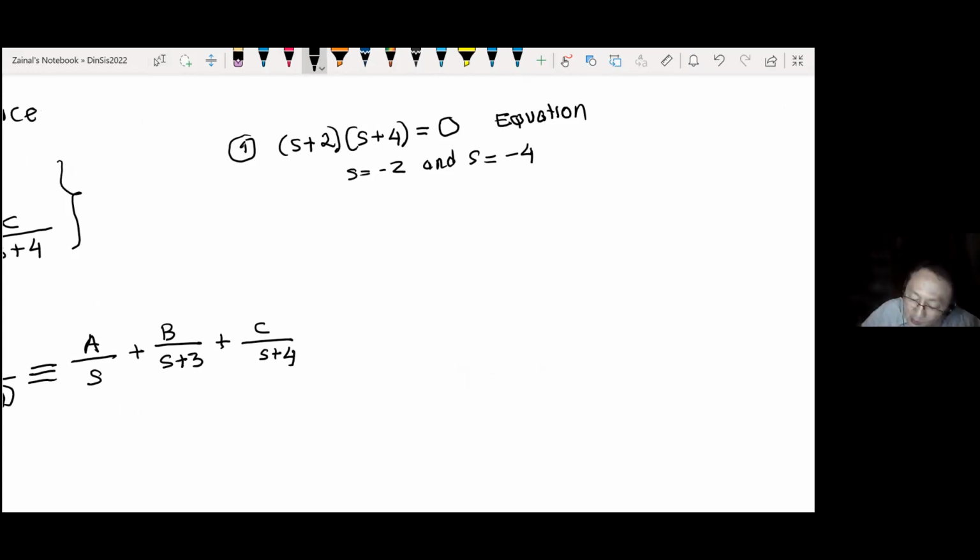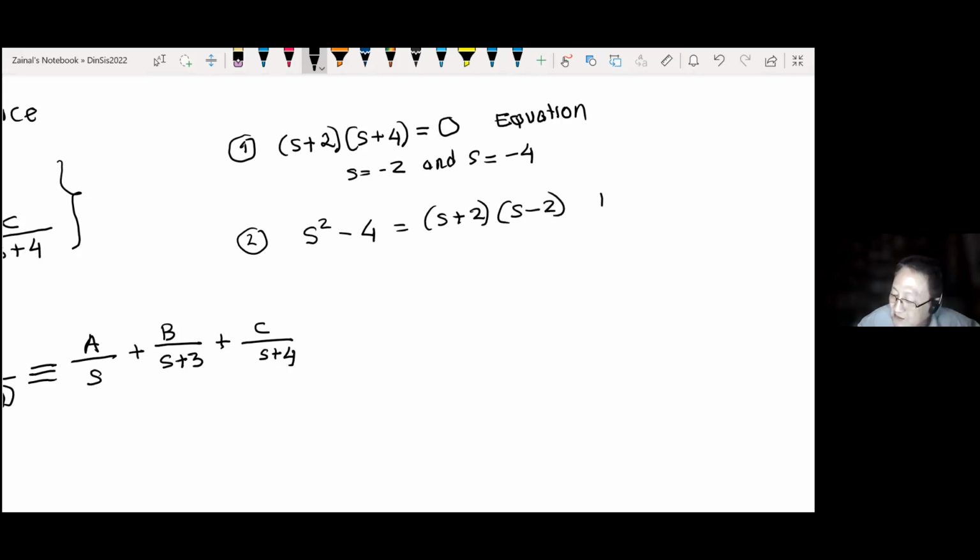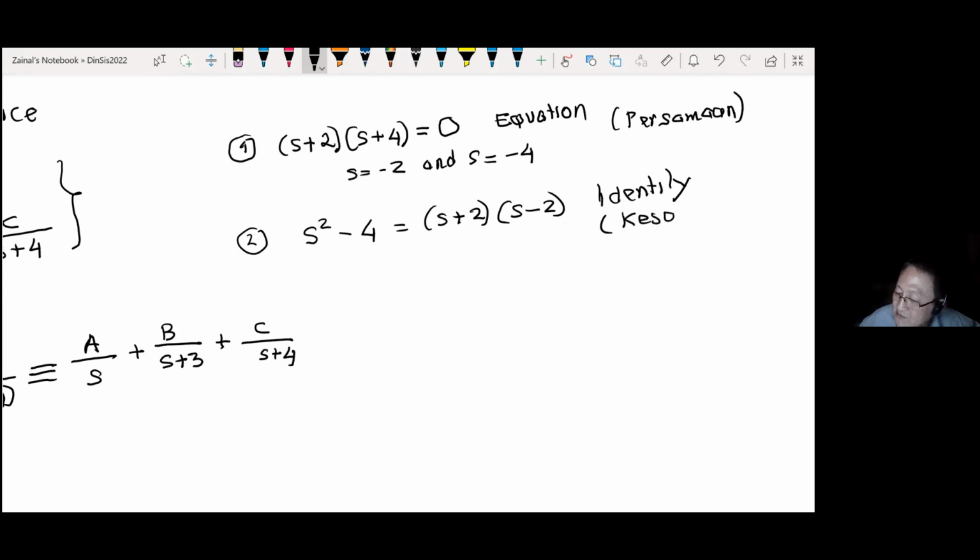But for example, s squared minus 4 is equal to s plus 2 multiplied by s minus 2. This one is an identity, kesamaan, while the other is persamaan. This one is valid for any s.